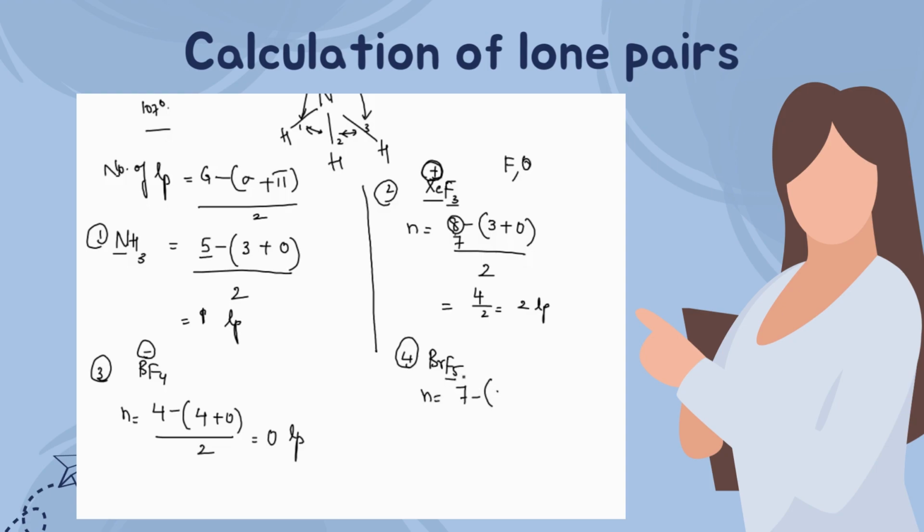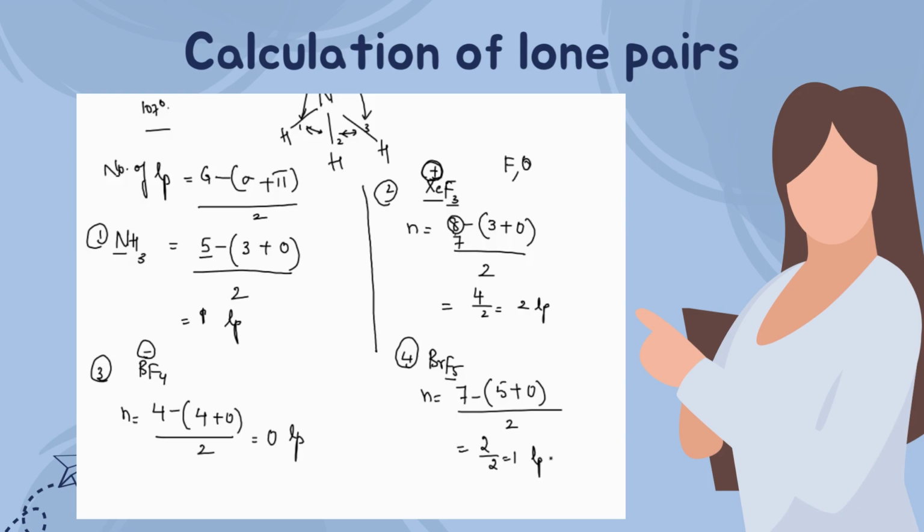Wherever you find fluorine, chlorine, bromine, iodine, you have to consider them as monovalent atoms. So the number of sigma bonds is equal to 5 plus, and you find no pi bonds, so 0 by 2. So 7 minus 5 is 2, 2 by 2 is equal to 1 lone pair. So bromine in BrF5 is having 1 lone pair.